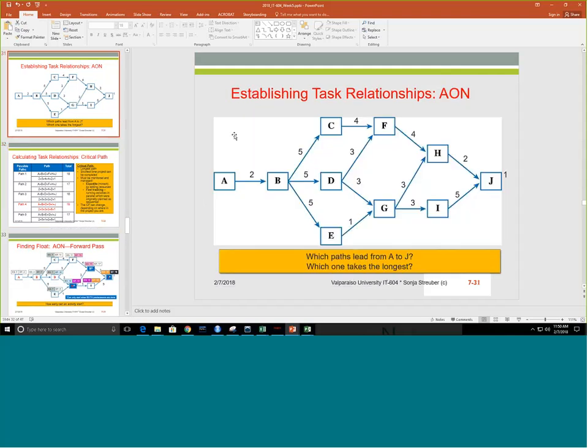So here are all the paths. We're going to look at all the paths that get us from A through J. One of these paths would be A, B, C, F, H, and J. Another one would be A, B, D, F, H, and J, or A, B, E, G, I, J, and so on and so on.